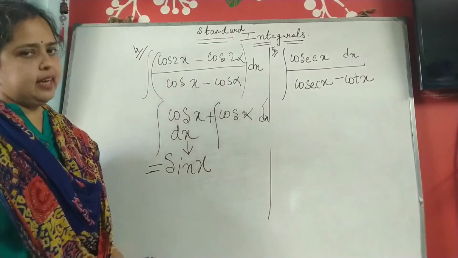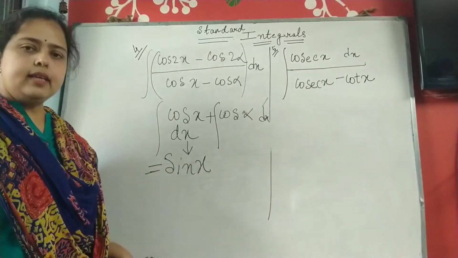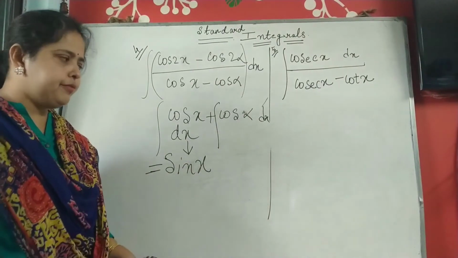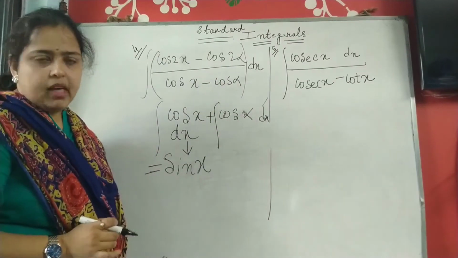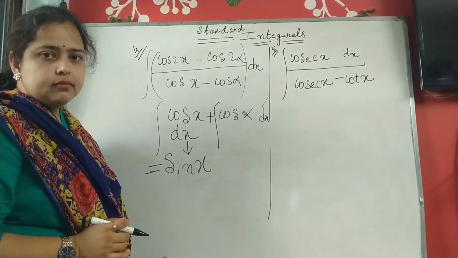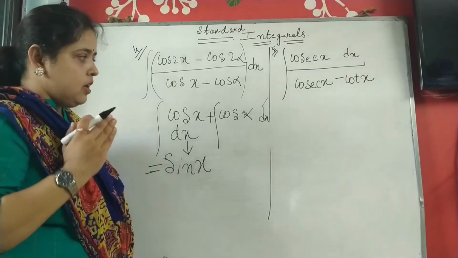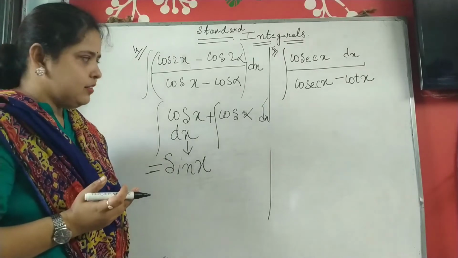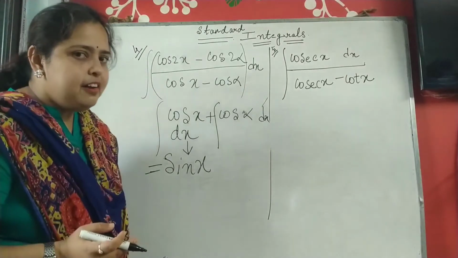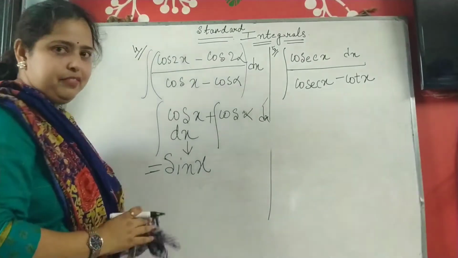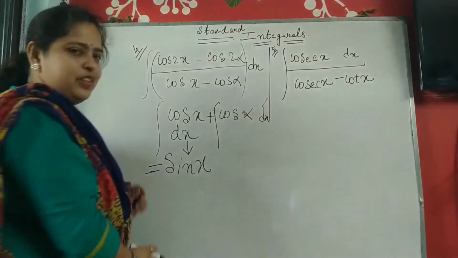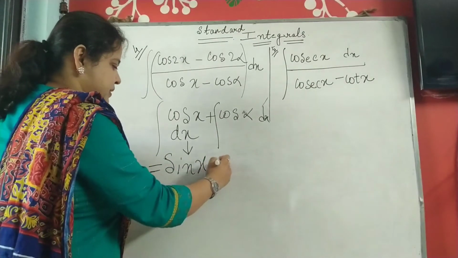Integration of cos x dx is sin x, plus c later on I will give. What about this? Tell me. Cos alpha dx. Yes. Is there someone who is saying sin alpha? No. I would have loved if there was interaction with you. I could hear from you people.